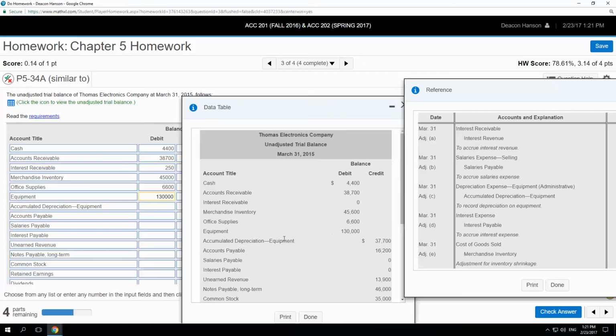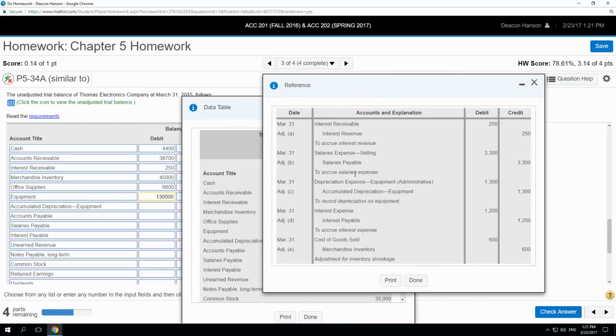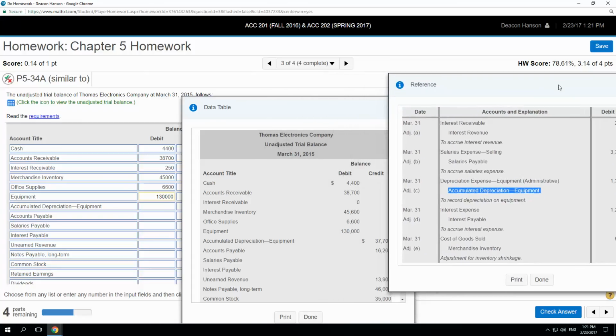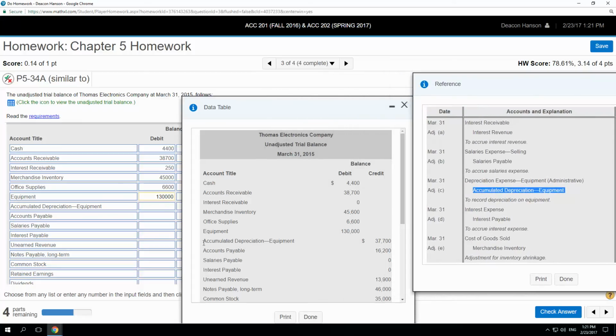Now, accumulated depreciation on equipment. I can recall there was something that went on with that. Over here on March 31st, item C, we had a credit of 1,300 to accumulated depreciation on equipment. That account is sitting there with a $37,700 balance.